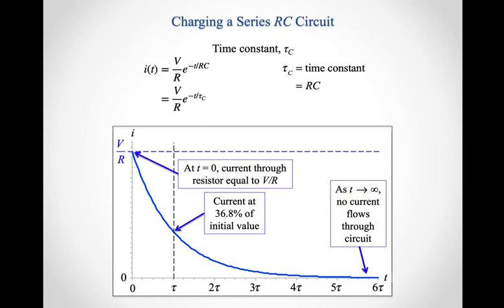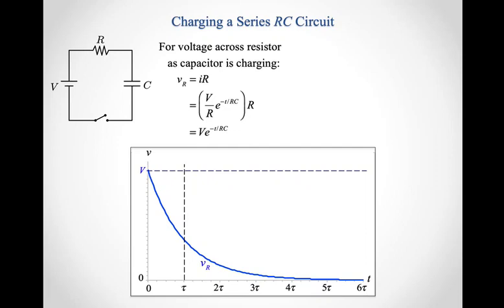No current is left flowing through your circuit. So again, our current decays away to nothing, and it does it basically within about 5 time constants. So it drops about 2/3 in the first time constant and then slowly decays away the rest of it over the next 4 or 5. So that's what's going on with the current.